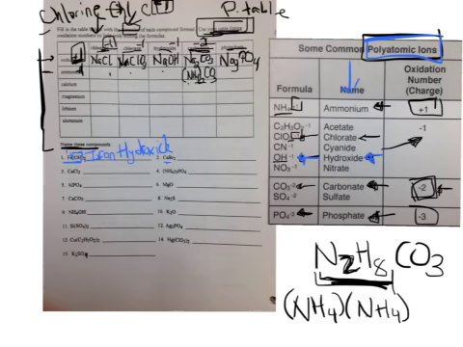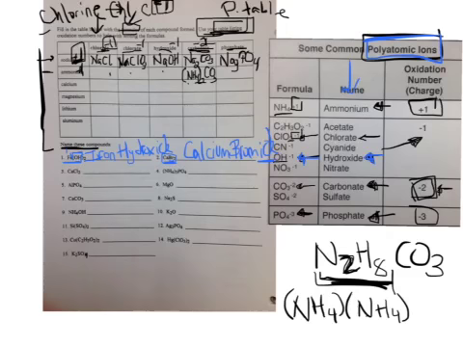Let's go take a look at this one over here, though, for a different example. We're going to say the positive atom first, so it's going to be calcium. But then our second element here, bromine, is now in its ionic form because it's in an ionic bond, and so we're going to call it bromide instead of bromine to indicate that it's on the negative side of an ionic compound.